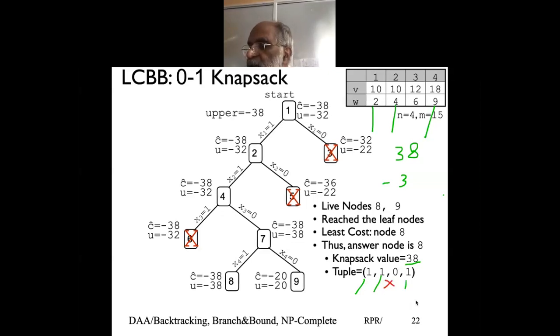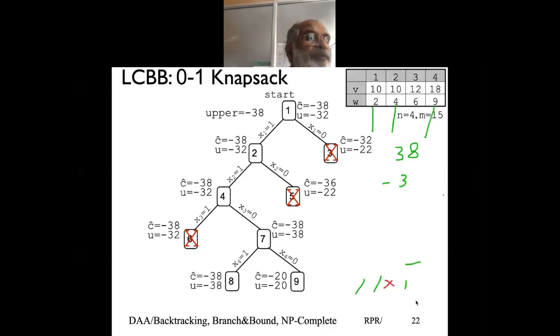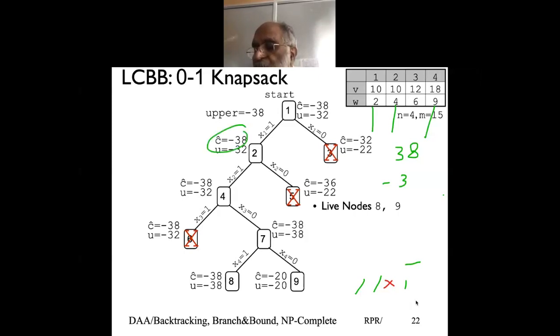This is essentially the knapsack problem. So I would recommend you go through this, repeat it, and then we look at how you implement the bound, how you compute C hat and U hat. Remember we said when you compute C hat, we take the partial weight of the item, and for U, we don't take the partial weight.